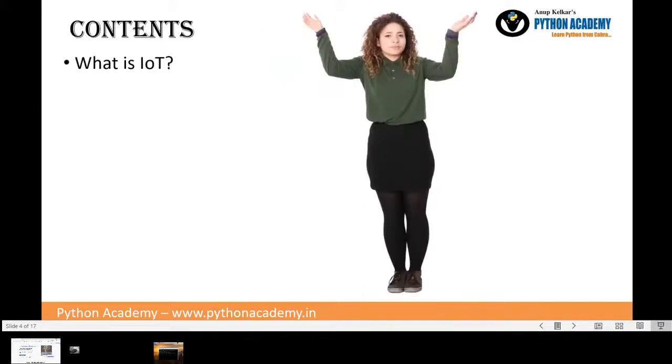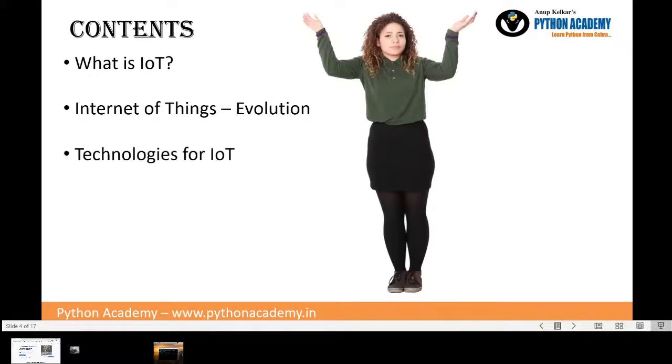So basically we will see what IoT is. We will talk about how IoT works, how things are going on. Then we will talk about Internet of Things evolution, how the evolution is going on, and how people are working on it one by one. There are a lot of things to be studied. Then we will have the current technologies available in the market.